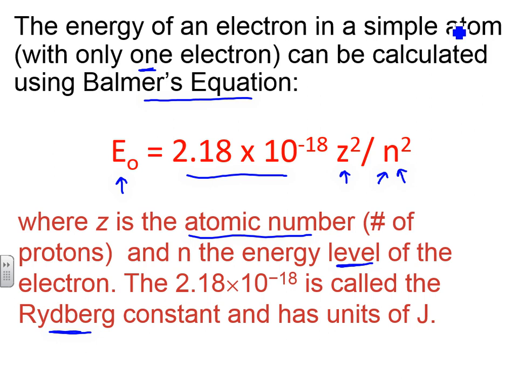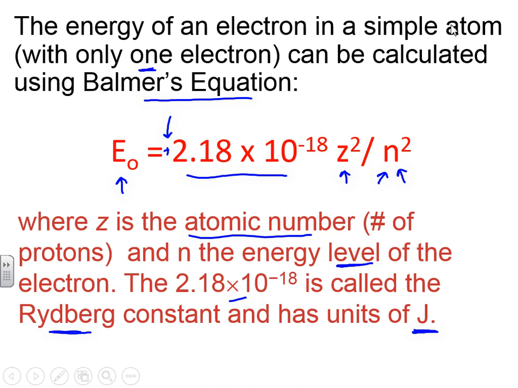I think in your notes I've got a negative here. Go ahead and use the positive, that way we'll just calculate how much energy the electron has. Units of the energy, as before, will be joules, because the Rydberg constant is given in joules.